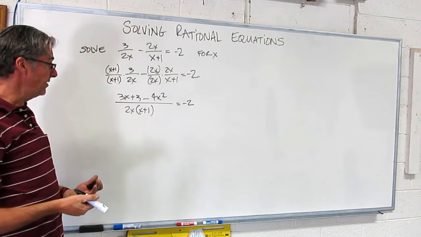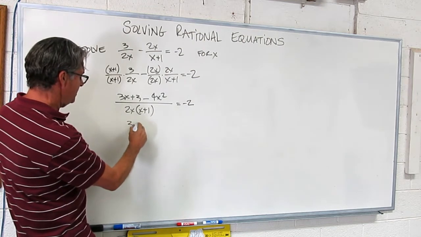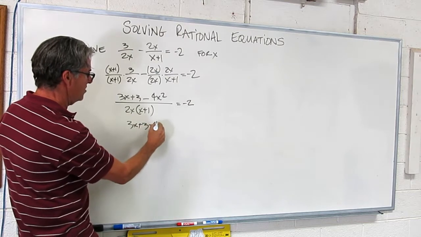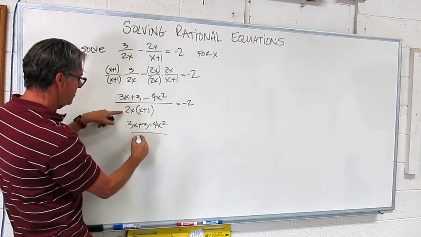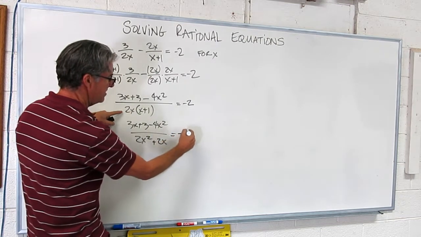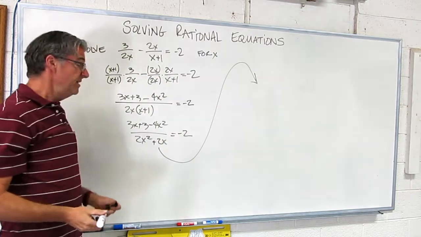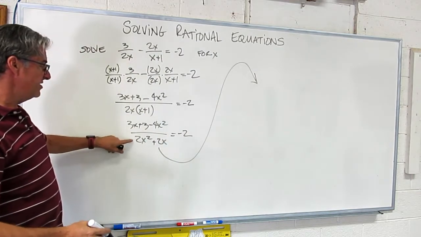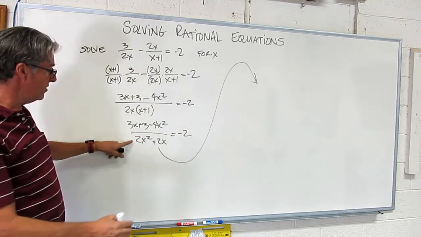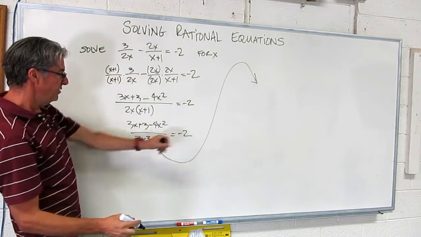So getting simpler. Now let's just simplify on down. I've got 3x plus 3 minus 4x squared. This is going to be 2x squared plus 2x equals negative 2. Let's jump over there. Now, the way I get rid of this fraction is I multiply both sides of the equation by what's in the denominator, and that's going to cancel this one and put that over there.